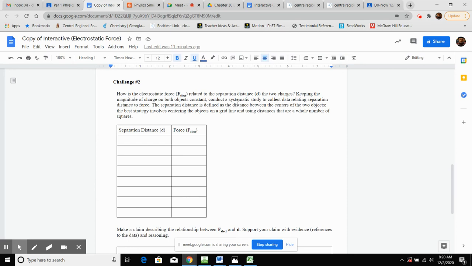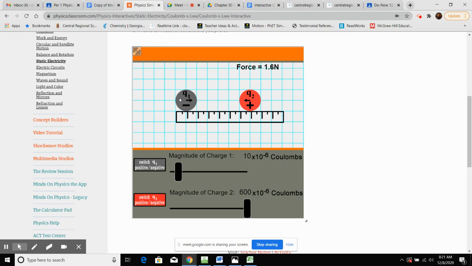Conduct a systematic study, collecting data, and then determine how the separation distance is going to affect the overall force. So we want to center the two objects using the grid line, and use distances that are a whole number of squares.